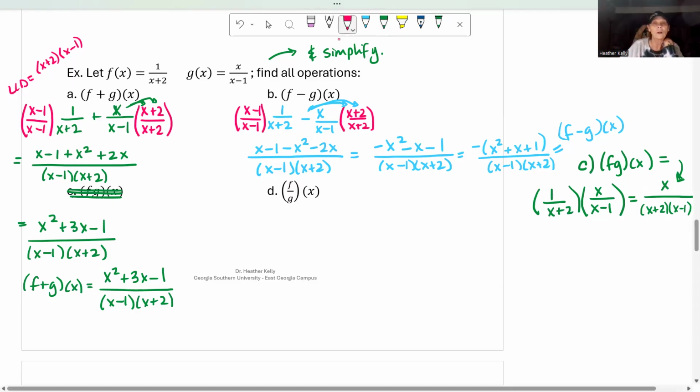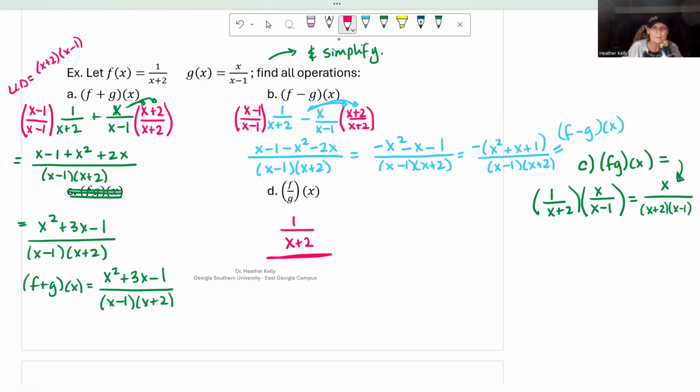Let's finish off with the f divided by g. And so here we'll have 1 over x plus 2 divided by x over x minus 1. Well, this is pretty nice because it's already a fraction over a fraction, so we can change, flip, right?